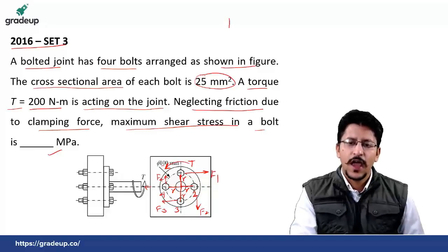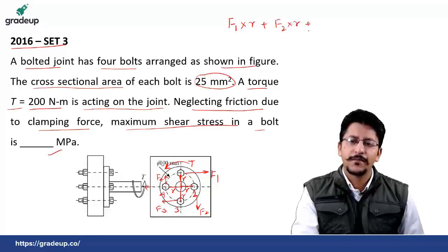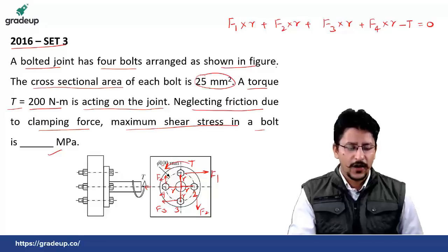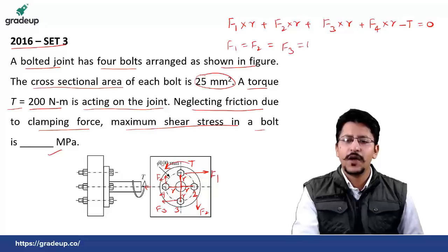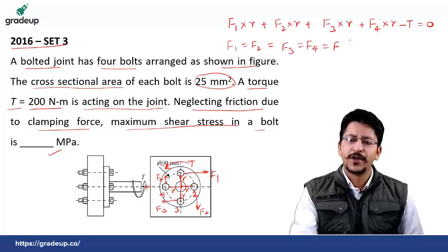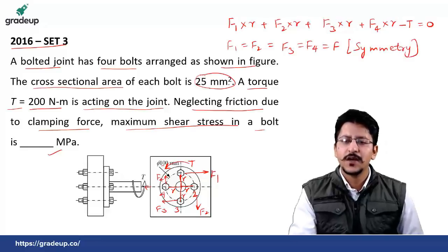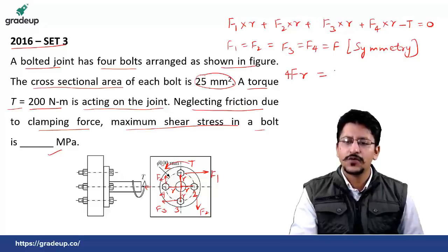So F1 into R plus F2 into R plus F3 into R plus F4 into R minus T is equal to 0, and F1 equals F2 equals F3 equals F4, some F, because of the symmetrical arrangement of the bolts. So we can write 4FR is equal to T, so F is T upon 4R.